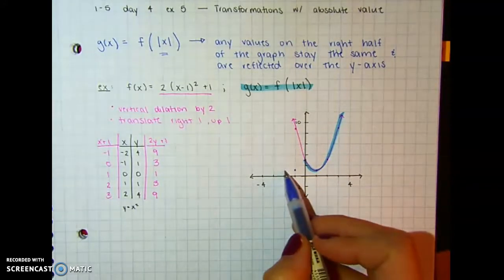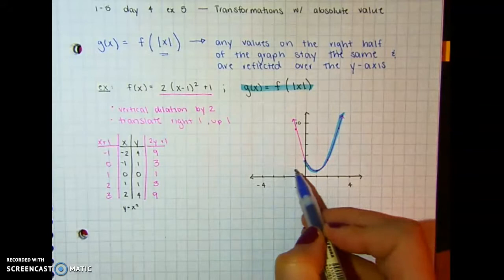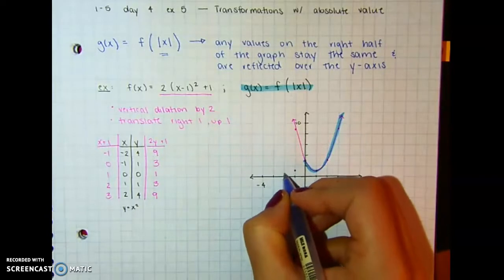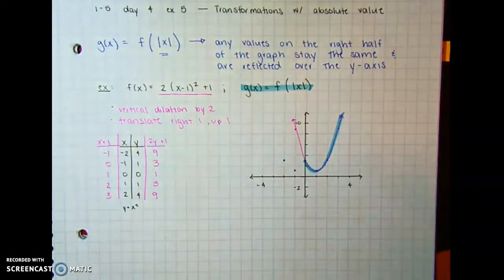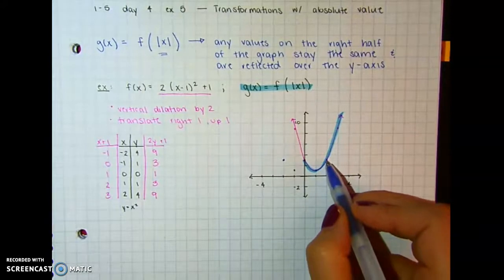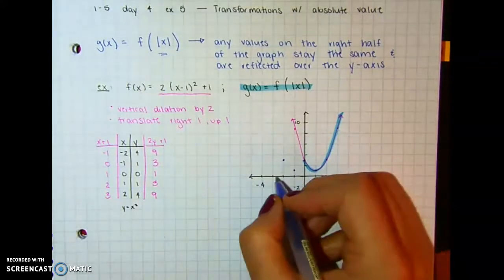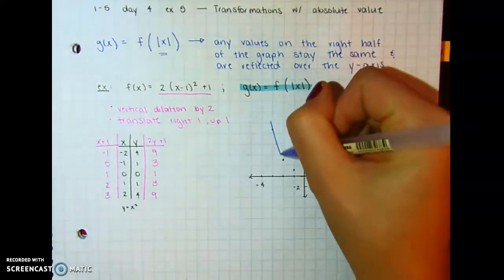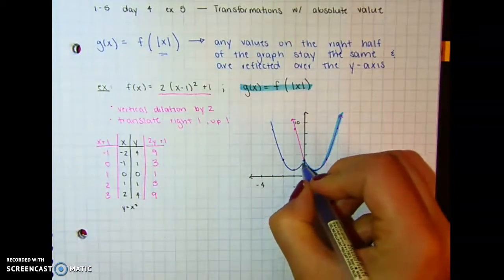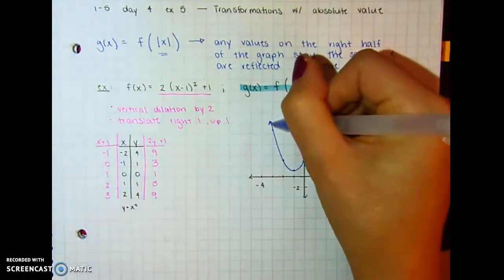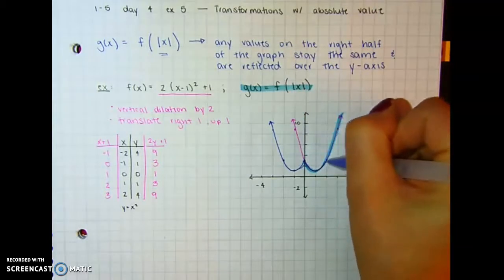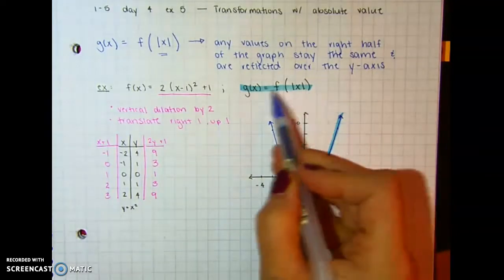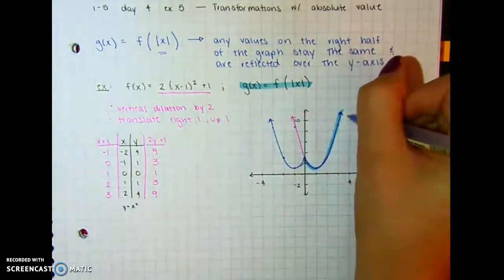And this is going to be 2, so now it's going to be negative 2, 3. And then 3, 9. Negative 3, 9. So this whole thing that I've just gone over in blue is our g of x function.